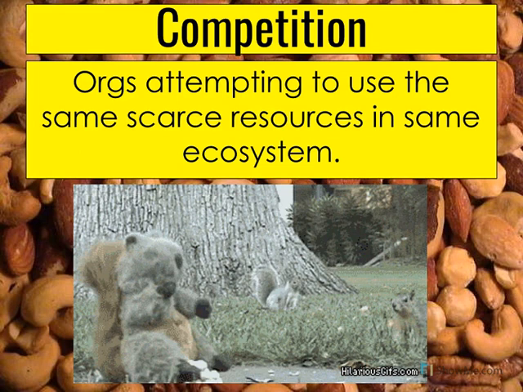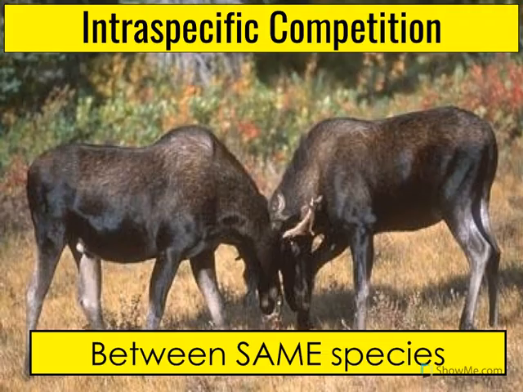And let's talk about just this term competition. This is a common theme throughout this course. Competition is when organisms are attempting to use or gather a resource in the same ecosystem. So they might have to compete with other organisms in their environment in order to do that.